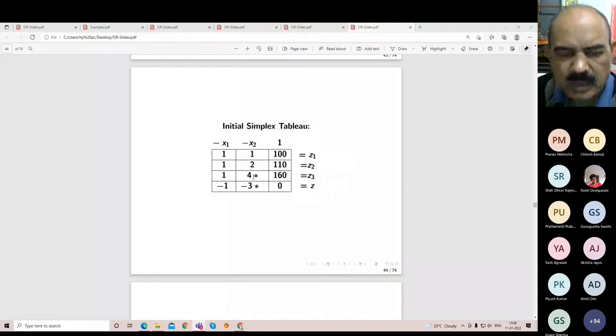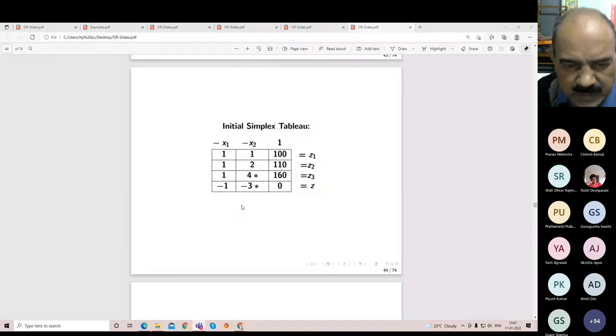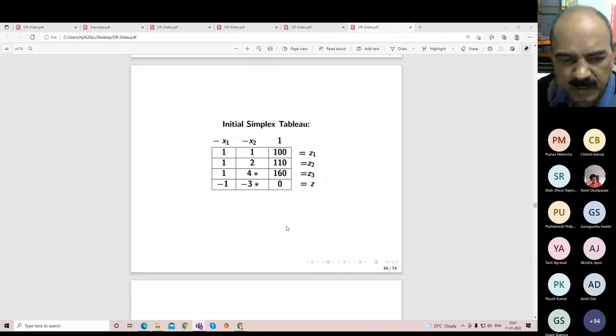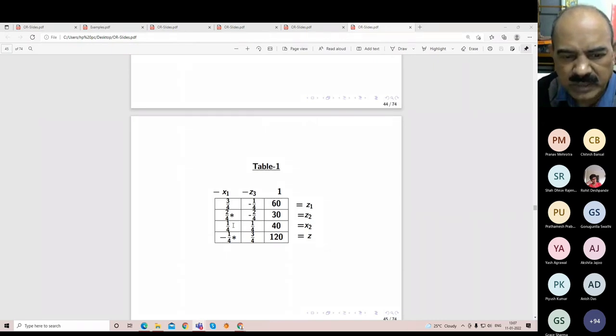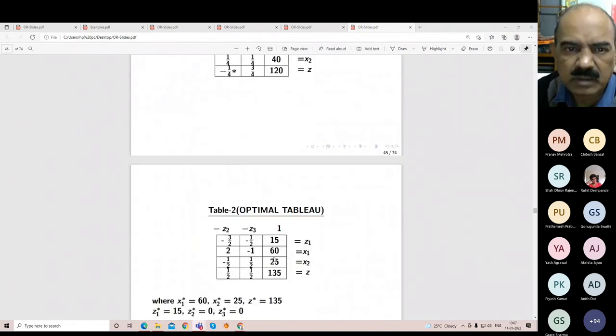The basic variables' values are always non-negative, zero or positive, it cannot be negative. And the non-basic variables are always 0. So we are interchanging the basic and non-basic variables from first to second table. Then, once that is completed, again we are interchanging the non-basic variable and the basic variable.